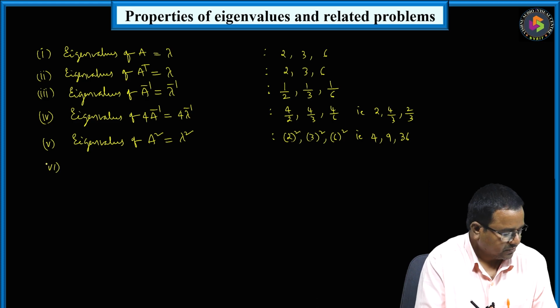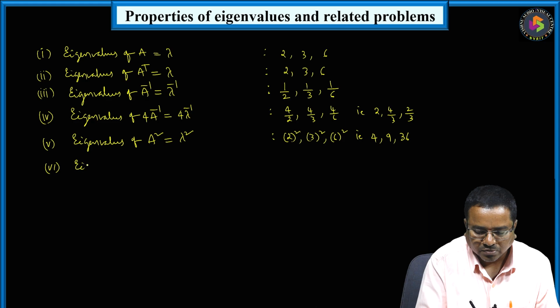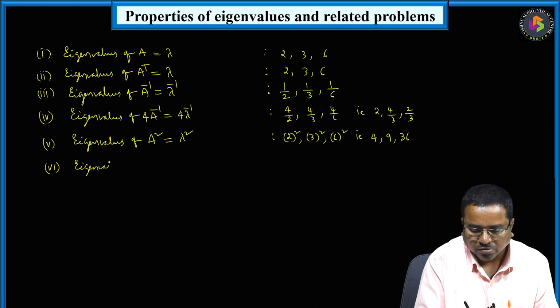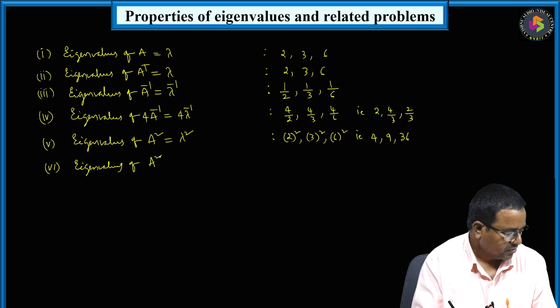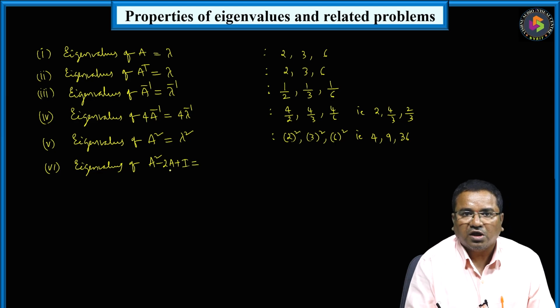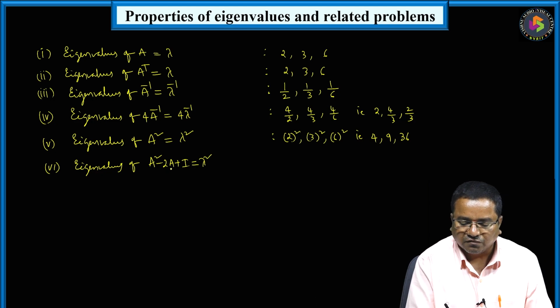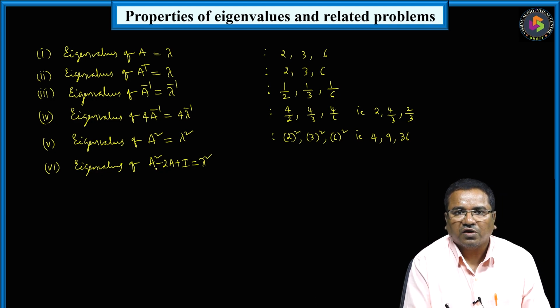The sixth one, eigenvalues of A square minus 2A plus I. Then what are the eigenvalues of A square? It is lambda square. How will you get the eigenvalues of A square?